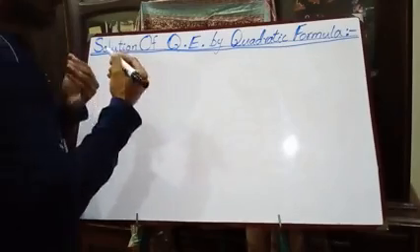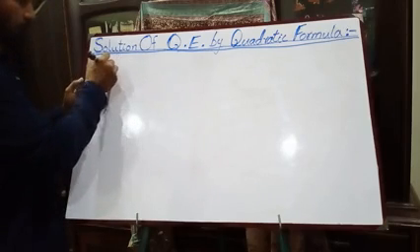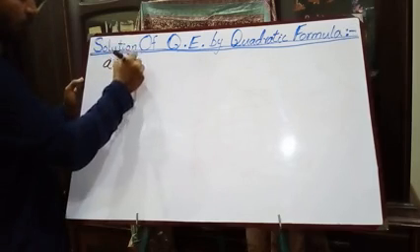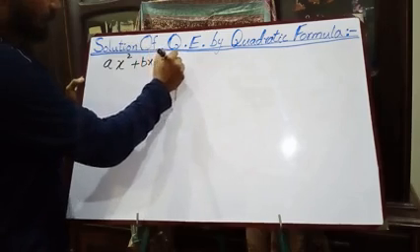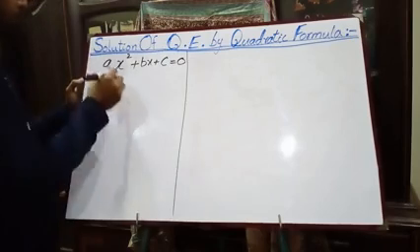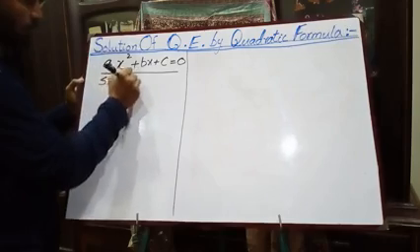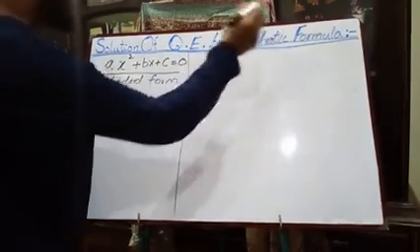So a quadratic equation can be written in the form like this: ax square plus bx plus c is equal to 0. This is called the standard form of the quadratic equation.